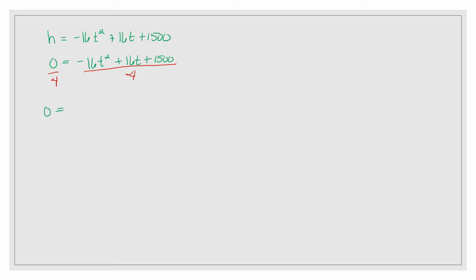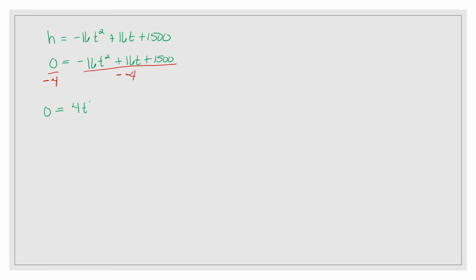By the way, do you remember what I mentioned in my lecture a little bit ago? Do you want that number in front of t squared to be positive or negative? Yeah, you want it to be positive. So you know what? I'm going to divide by a negative 4. Why? Because I want that negative in front of the t squared to be positive. All right, so negative 16 divided by negative 4.